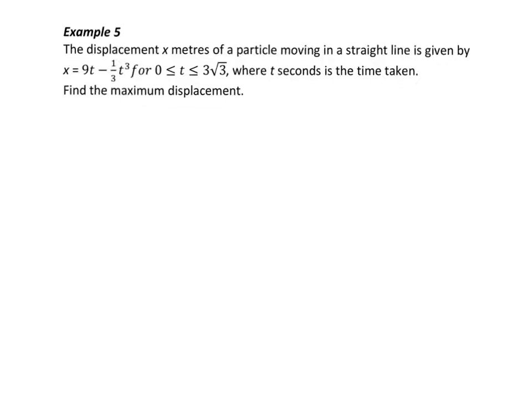And the way we're going to do that is finding dx/dt. So we're going to find the turning point. And so when we do dx/dt, we have 9 minus 1/3 times 3 is 1, so minus t squared.